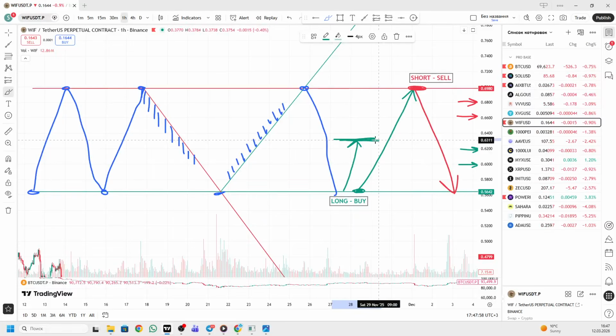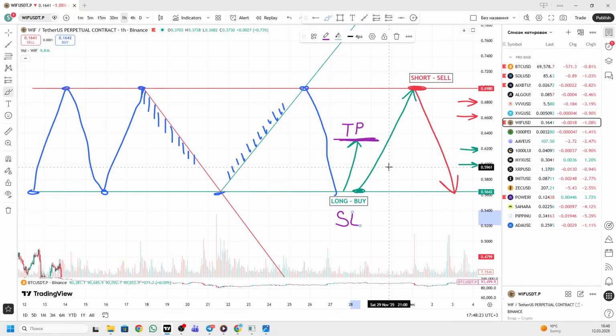For example, let's mark it in another color like this. So that is also your take profit. You see, you will put your take profit right here. And your stop loss down here.